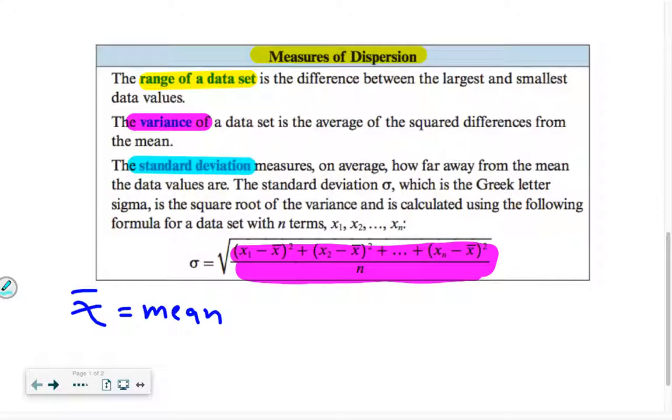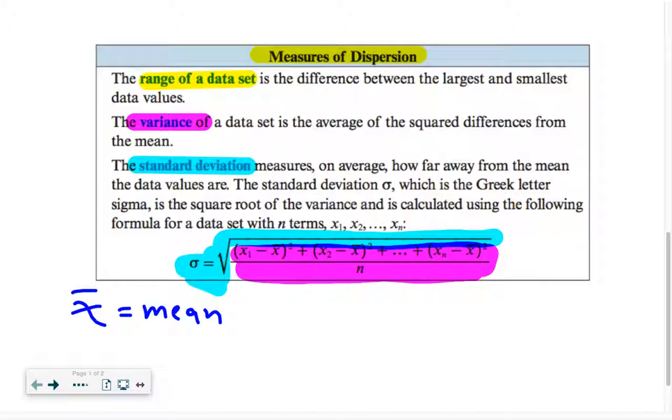The standard deviation is nothing more than taking the square root of the variance. We denote standard deviation with the Greek letter sigma. So when it comes to variance and standard deviation, the variance is going to take 95 to 98% of the work. We have to do all of this stuff on the inside.